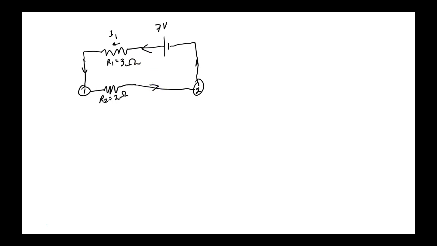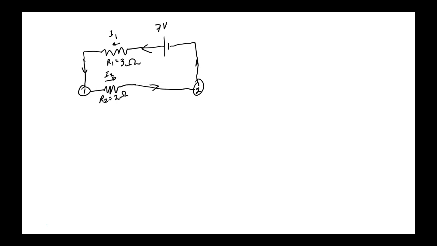Now this one's not real clear whether it's flowing the right direction or not, but they're going to call this I2 and have it going to the right. They may be right, they may be wrong, we'll see. If you wind up, when you do your calculation, I2 comes up negative, that means they pointed in the wrong direction.